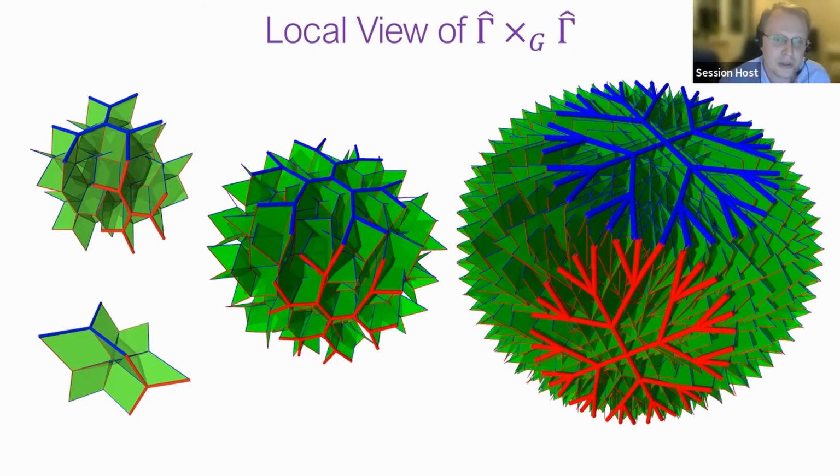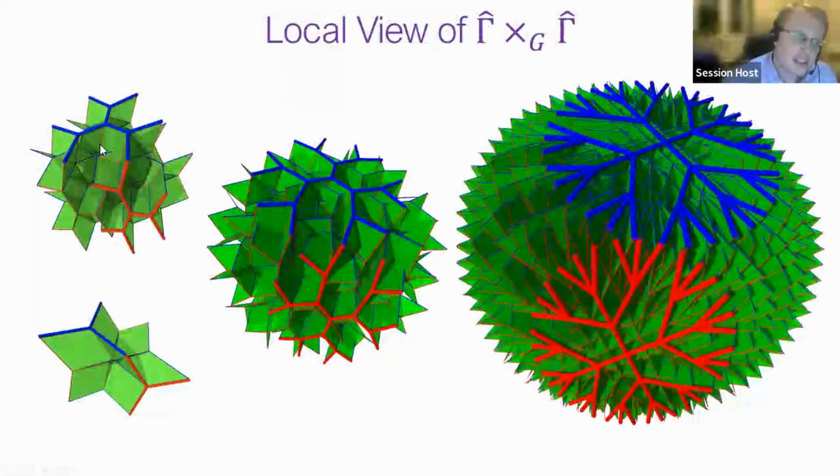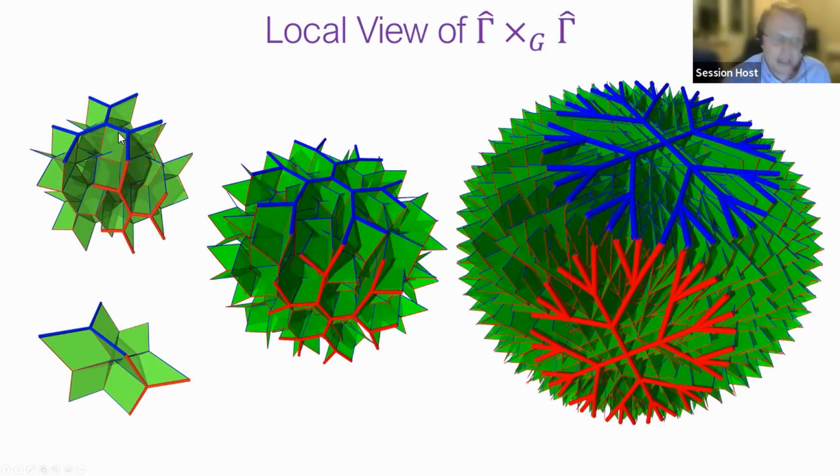As you know, each expander locally looks like a tree, and if you apply a product operation to such graphs, then you obtain something that locally also looks like a product of two trees. And actually the complex that we use, if you look at it locally, looks very similar to the product of two trees.